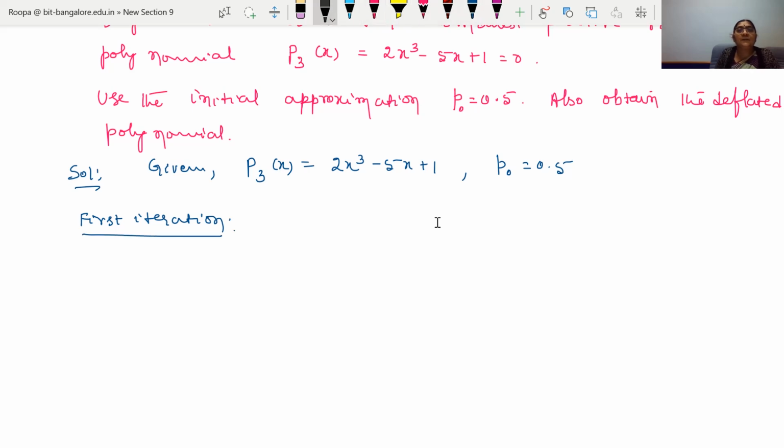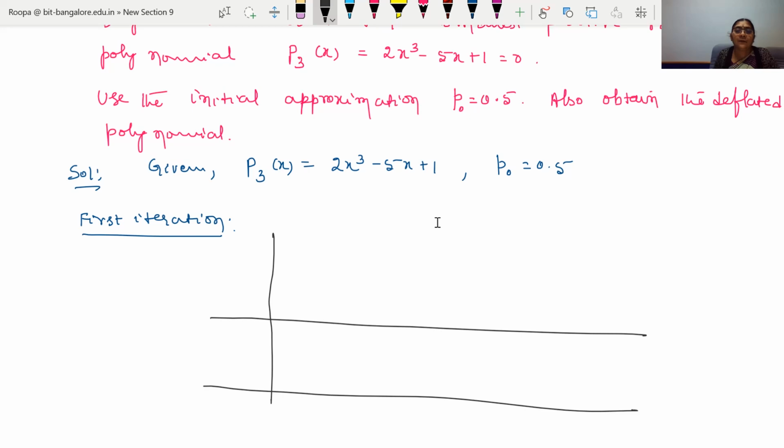In the first iteration, we have to apply the synthetic division method once, as you already know. Find out B naught, B1, B2, etc., and C naught, C1, C2, etc. First, you arrange the given polynomial in decreasing order.